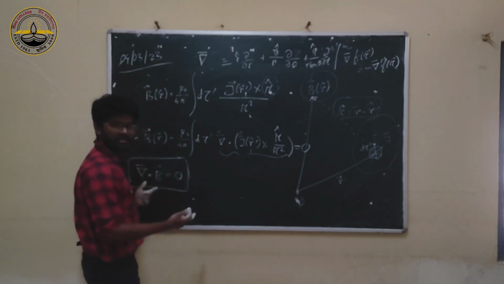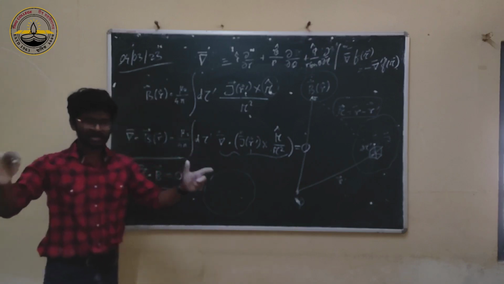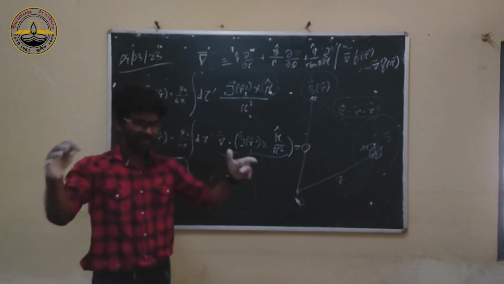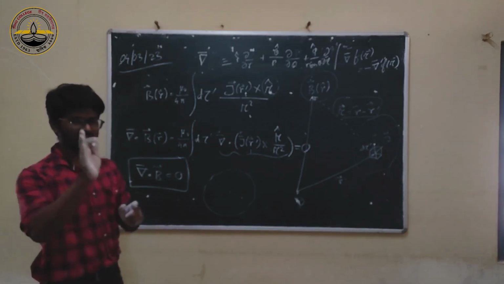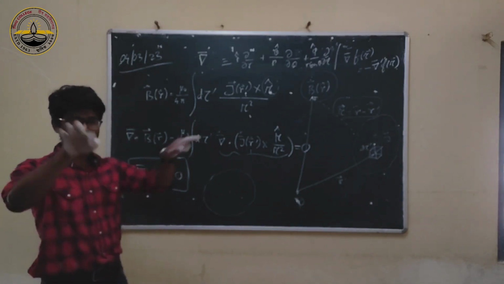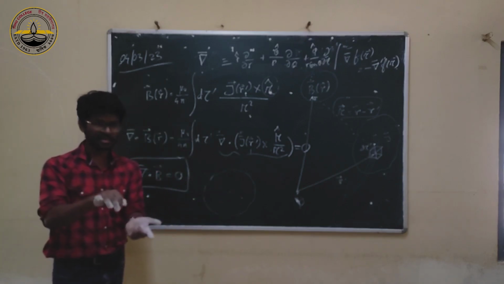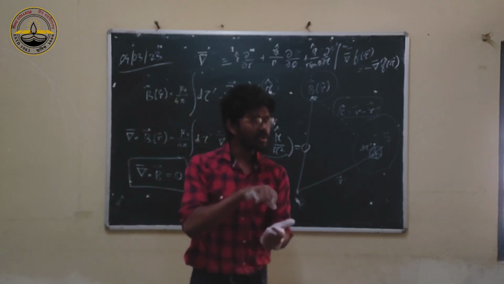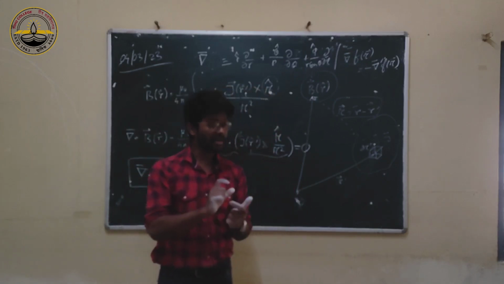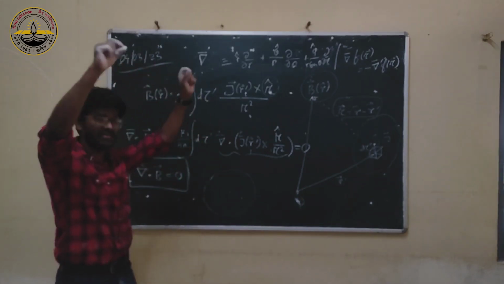What is divergence? Usually you take a surface, and this vector field is going inside or coming out, and you take a surface integral. That means you calculate the flux of this particular vector. It's called a vector field because it is a function of position and it's everywhere.